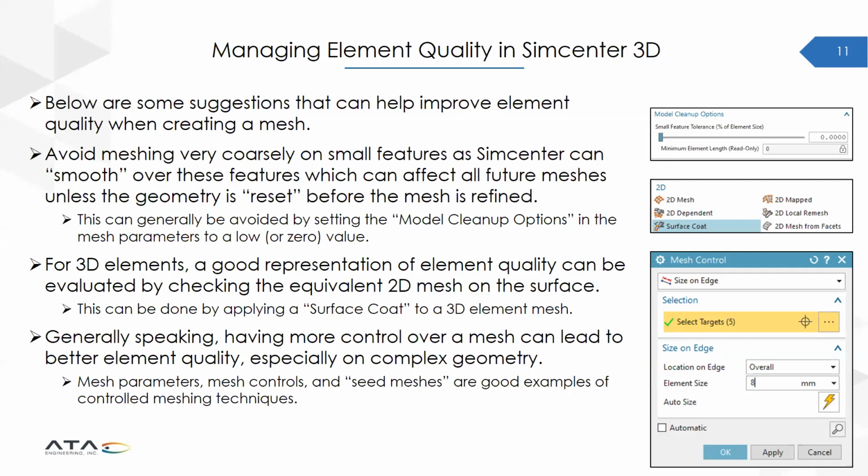And just generally speaking, having more control over a mesh can lead to better element quality, especially when you're dealing with more complex things. A couple of examples of this are what I talked about before, some mesh parameters. Also adding mesh controls and having seed meshes are all good examples of having good mesh control.